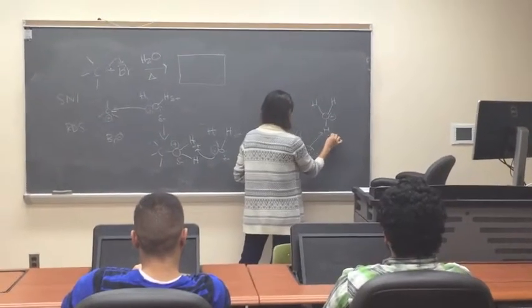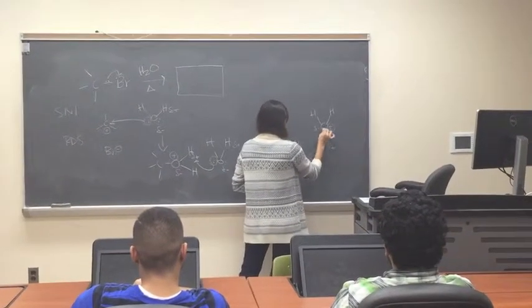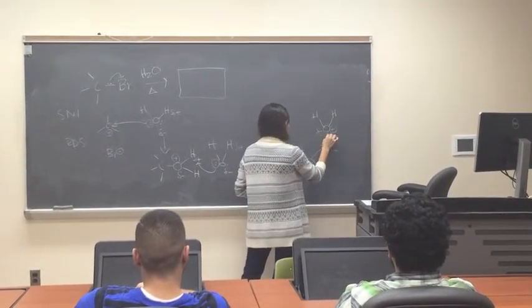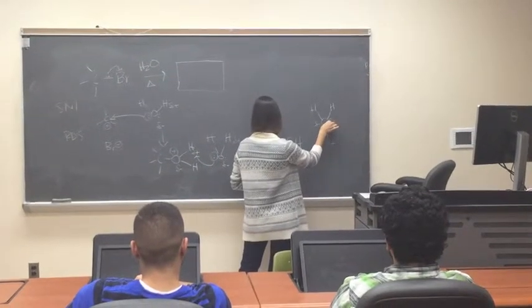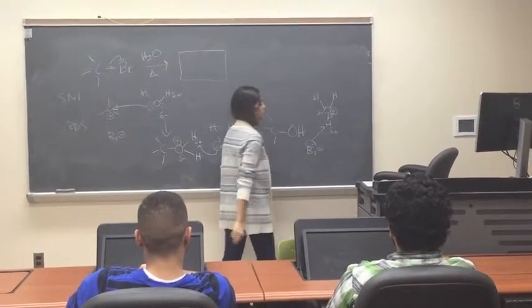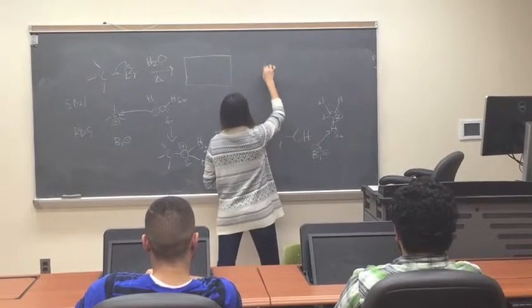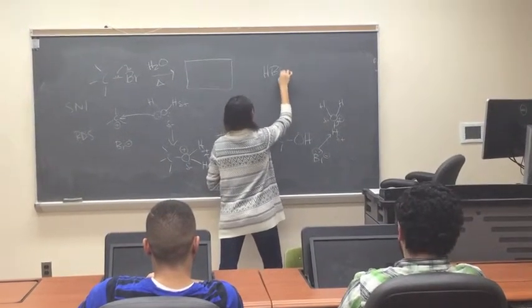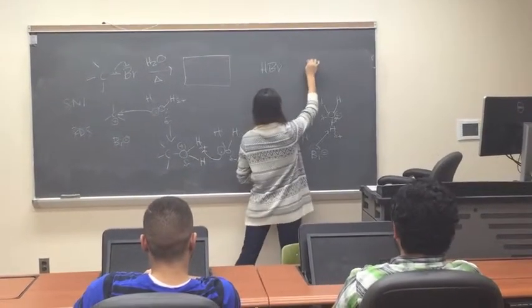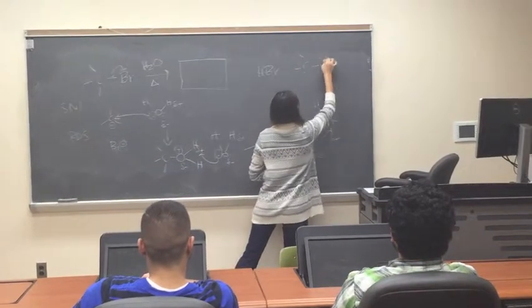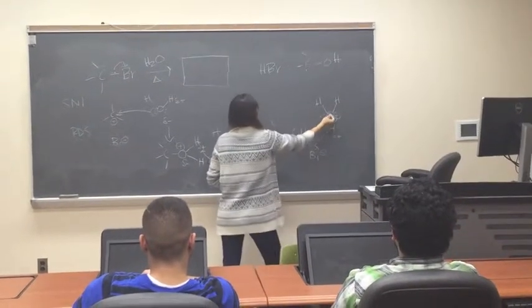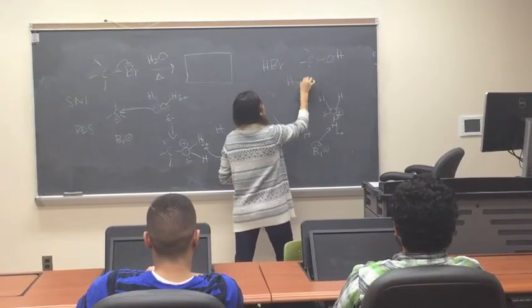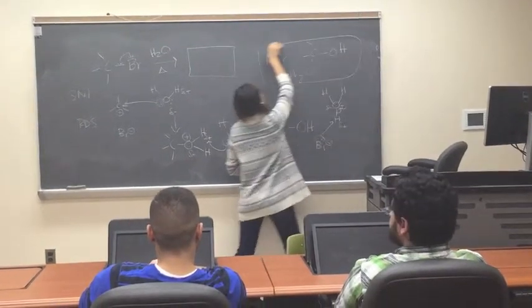It attacks this partially positive hydrogen, breaking these bonds, taking the hydrogen, so it becomes HBr, and our molecule, which was originally our methyl group, OH, and our water molecule. And these are our products.